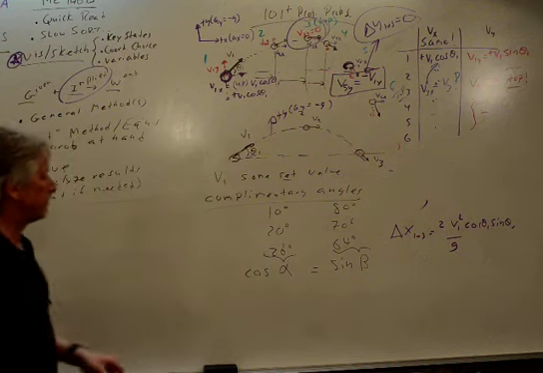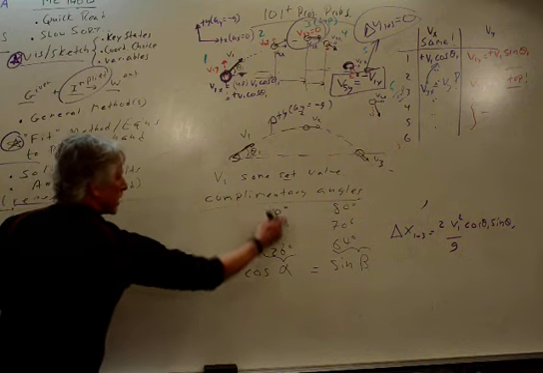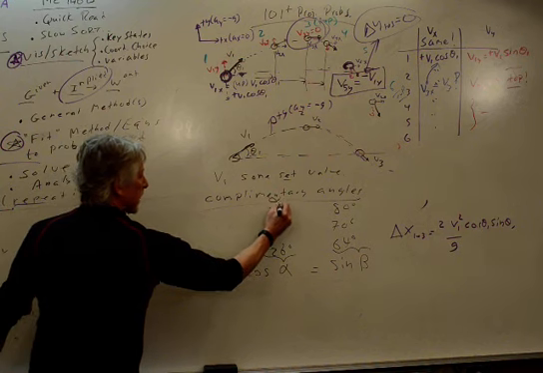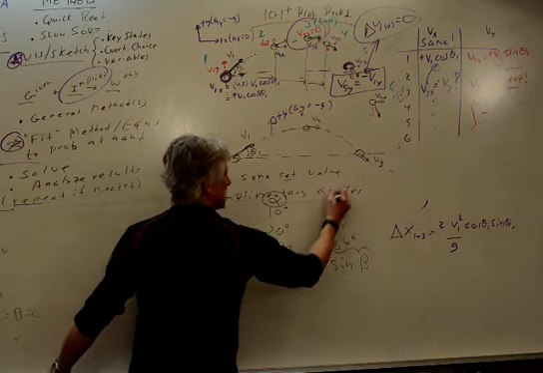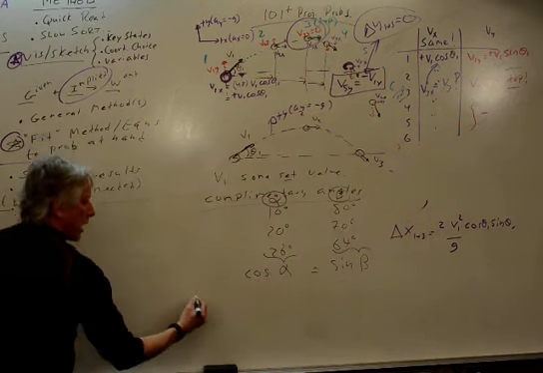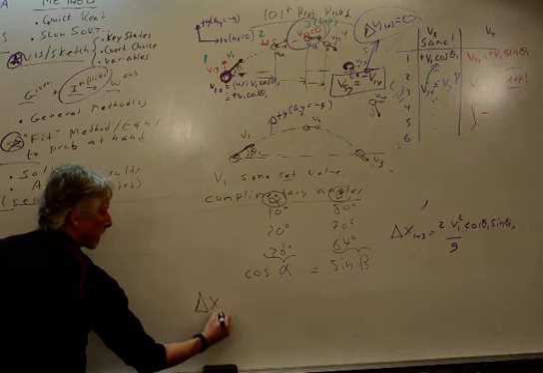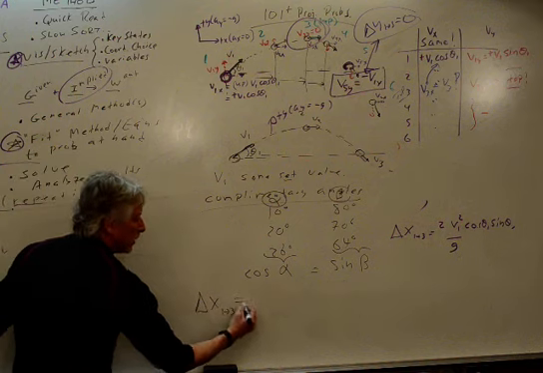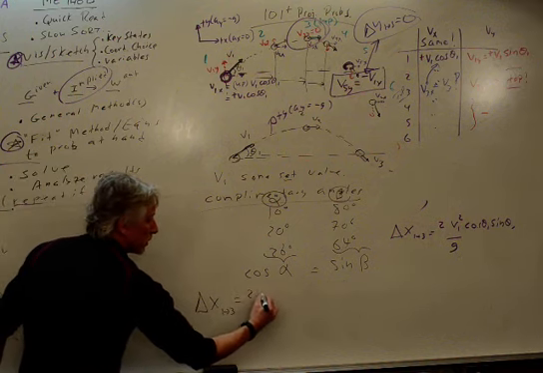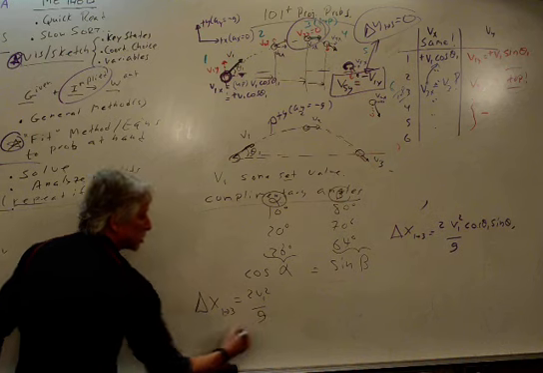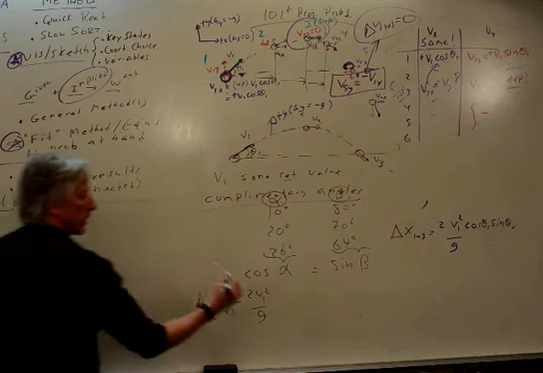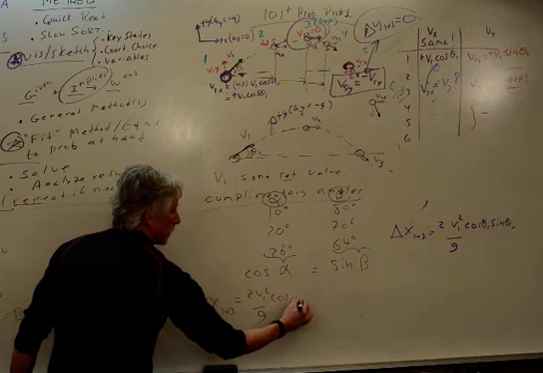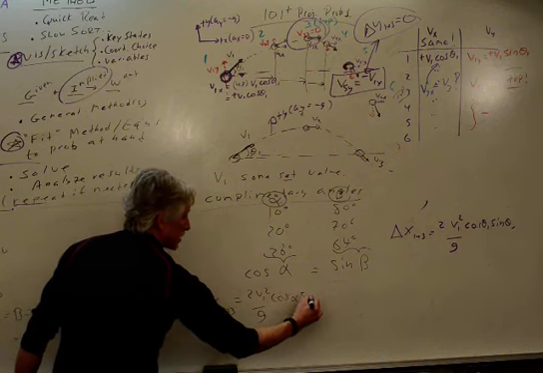So what does that tell us? If I shoot it at any of these angles, I'm going to call these alpha, I'm going to call these beta. I've got delta x. I'm going to keep my 1 to 3, it doesn't matter, is equal to 2 v1 squared over g, nothing's changing there, times cosine of alpha, and it's still the same, sine of alpha.